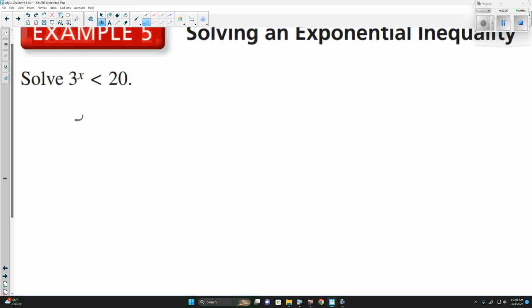So our first inequality, 3 to the x is less than 20. Now, yesterday, if we were solving this here, the first thing we would do is what? Apply log base 3 to both sides.